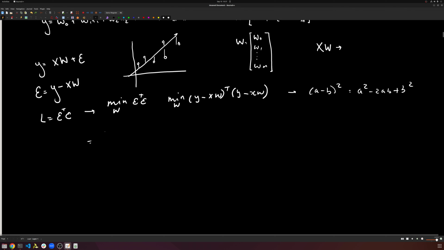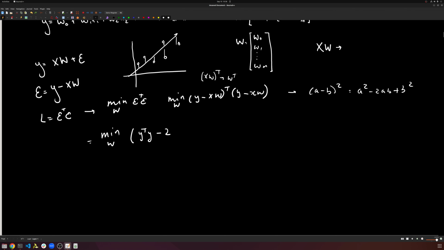So this is going to be equal to the min over w, and we can't write y squared, it'll be y transpose y, minus 2. What is a? A is xw, but there's a transpose on it, so there's a rule. xw transpose is the same as w transpose x transpose. That's just one of the matrix rules.